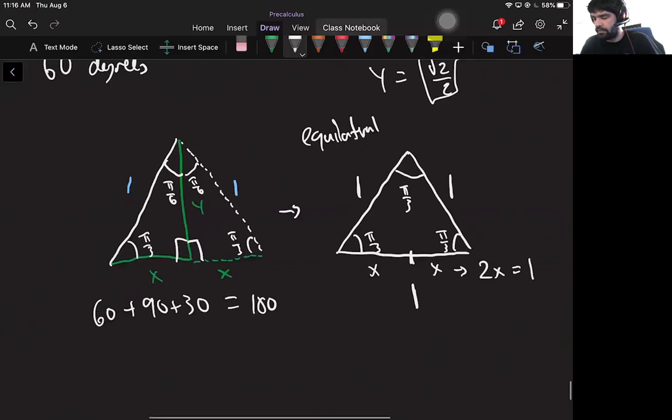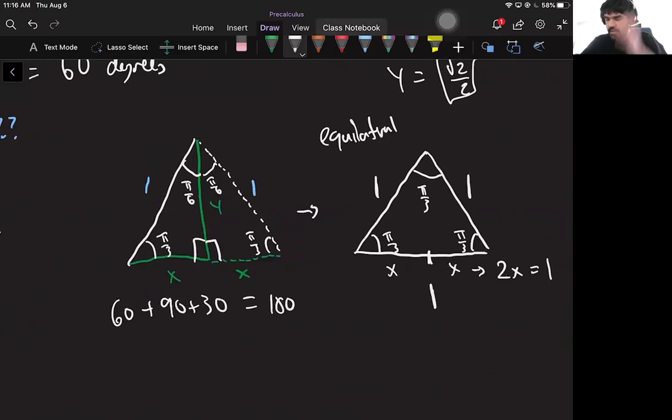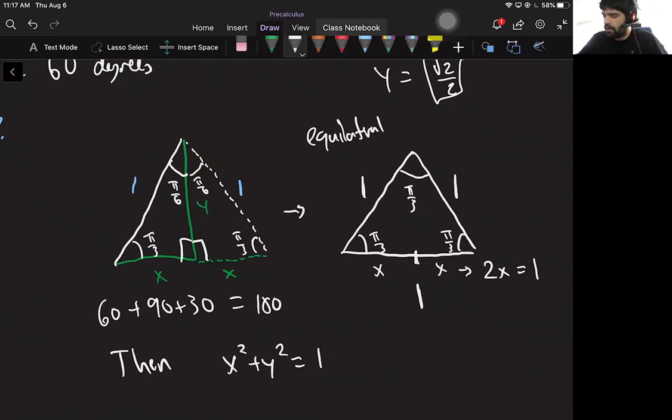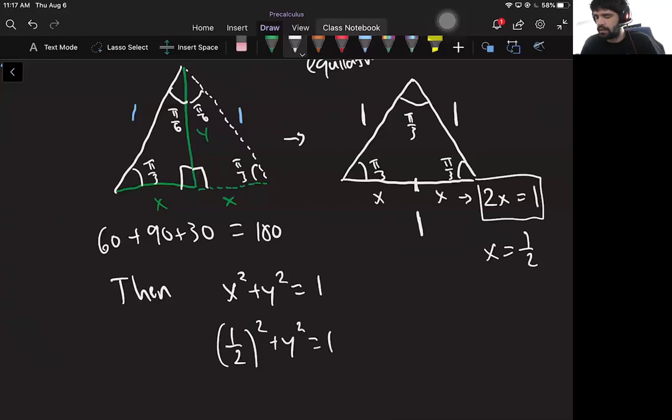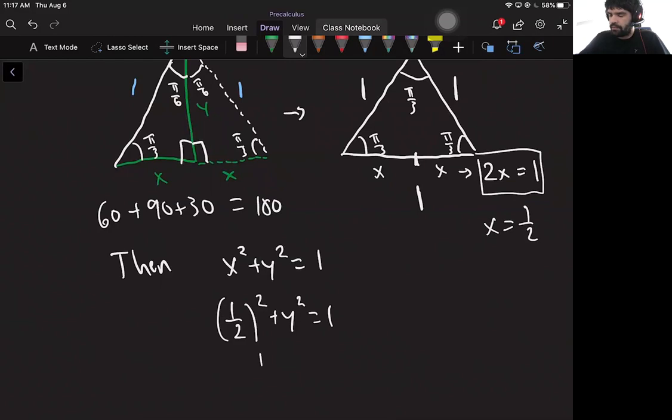So I've figured something out by drawing this little trick. So now my relationship x squared plus y squared equals 1. That's the relationship between the 2 coordinates of the points on the unit circle. I can now also plug in this fact, so x equals 1/2. So I can stick 1/2 in there. And then I can solve for y, so that's 1/4 plus y squared equals 1.